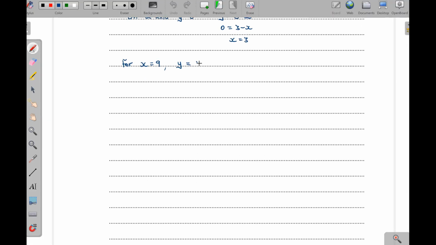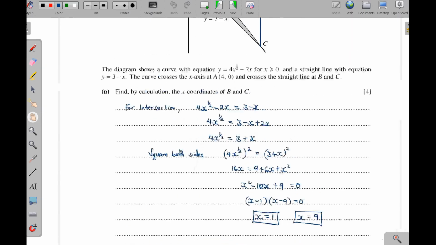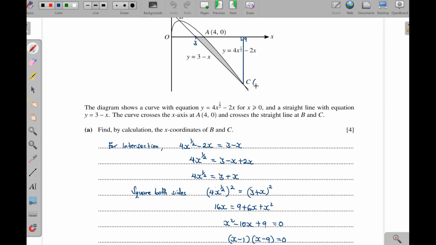So we shall have 3 minus 9, which is equal to negative 6. So C is at 9 and negative 6. So this length here is 6 units. We shall not use negative 6. You see that?